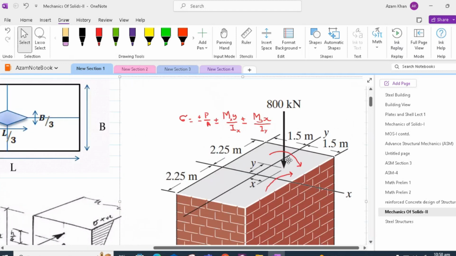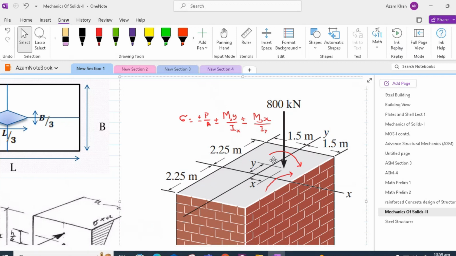Please note that in this scenario where the concentrated load is applied in the first quadrant, we have tensile stresses developing in the third quadrant. The reason is that we would have only a compressive load P by A applied, and the flexure stresses about both the x and y axes are tensile.